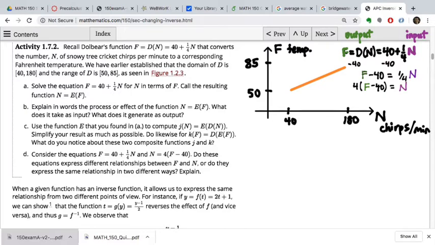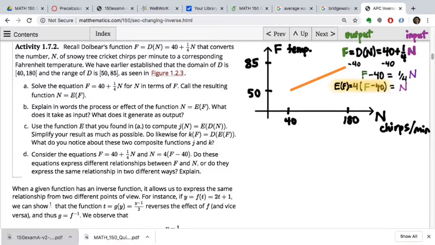And so that expression then is defining what this problem is calling the new function e of f. E of f equals 4 times the quantity f minus 40. Right? And so notice, since this equation is equivalent to the original one, all we did was we did the same thing on both sides, which we can always do to any equation, as long as it's reversible.